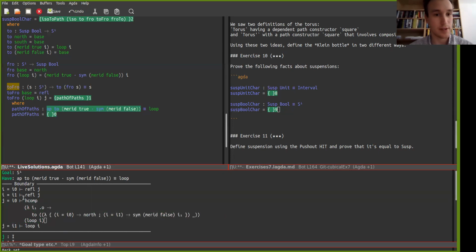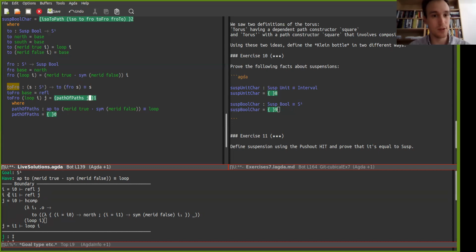So if you look at it, we want this to be REFL if it's any of the boundaries. So it's either this side or this side on J. So we give it a J first, right?